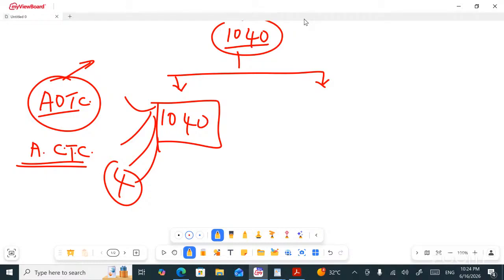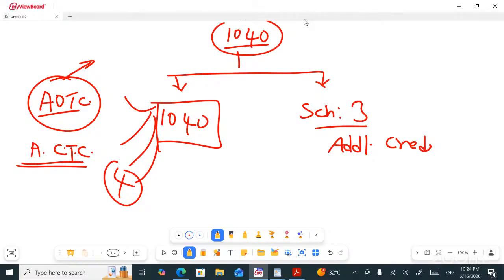That is the reason one more schedule is included, Schedule number 3. This Schedule number 3 gives us a list of additional credits. The reason behind using the word additional for Schedule number 3 is that some credits are already included in form number 1040.